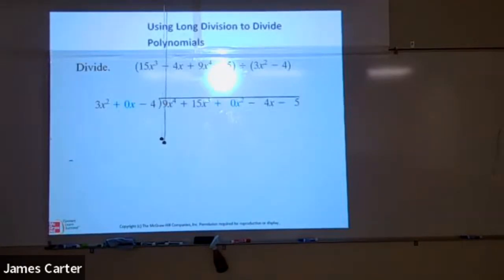Okay, here's another one. This one's kind of a bad nasty. Look at this. Not only are these powers not in the right order, the biggest one is fourth, then a third, and they're missing the second degree. So you got to put in a placeholder, and then that, and then this.